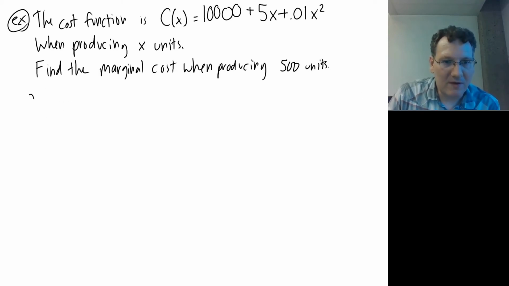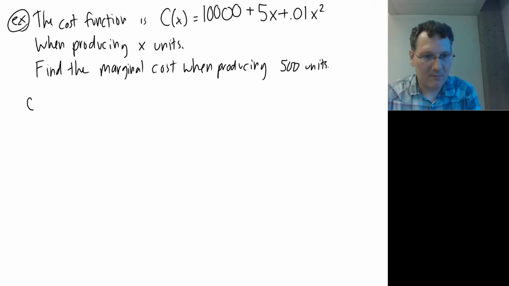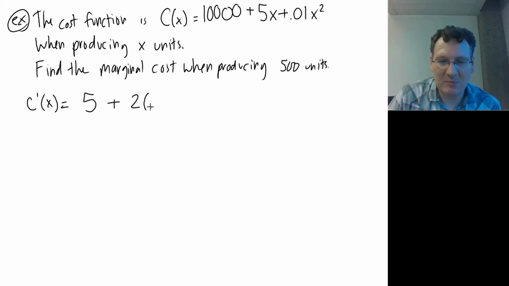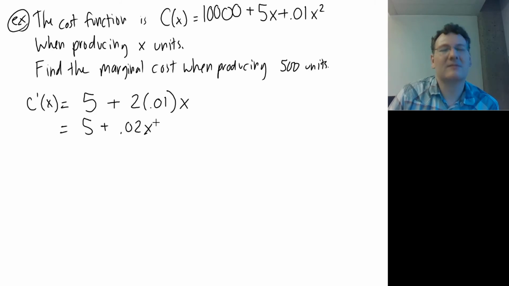So first we want to find the marginal cost function. It's just c prime, the derivative. Okay, so the derivative of the first term, which is constant, is 0, and the derivative of the second term, 5x, is going to be 5, and the derivative of the next term is going to be 2 times 0.01x. So this is actually 5 plus 0.02x.